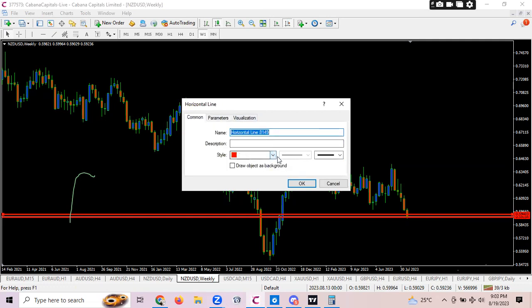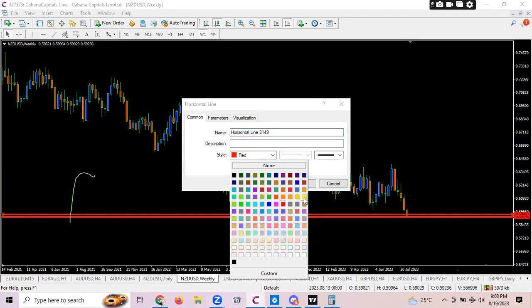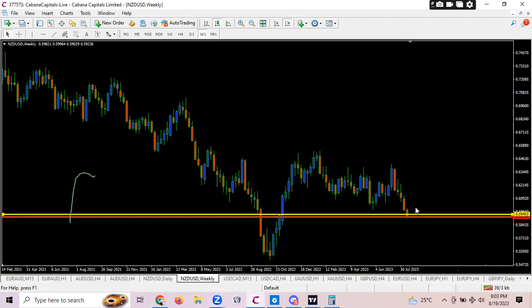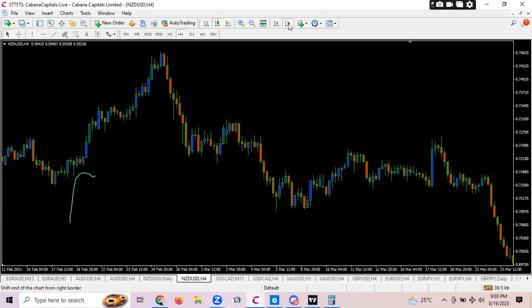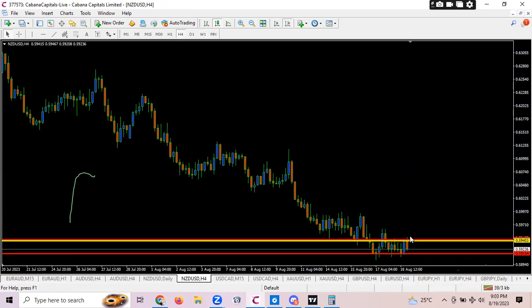Let me change the color this time because I used red for resistance and support. Let me change it to yellow. So you can see, let's go to 4-hour. You can see the resistance and pivot are almost at the same level. You can see it was a previous support here, some resistance.